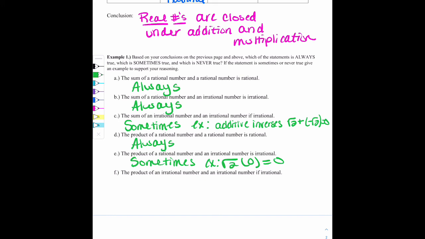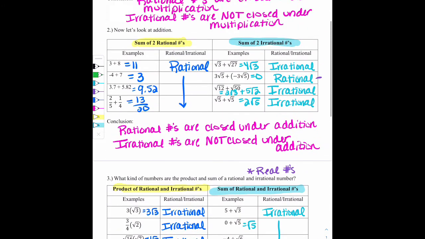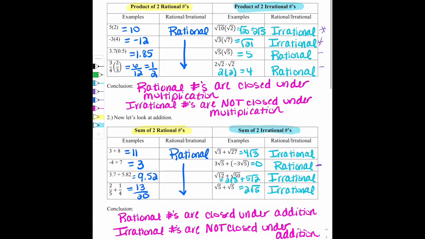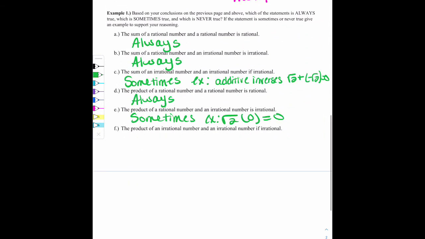And then lastly, the product of an irrational number and an irrational number is irrational. So that's irrational times irrational. So if we go back and look, that's this table in number 1 on the right, and we see there were exceptions to that. So again, the answer to this one is sometimes.